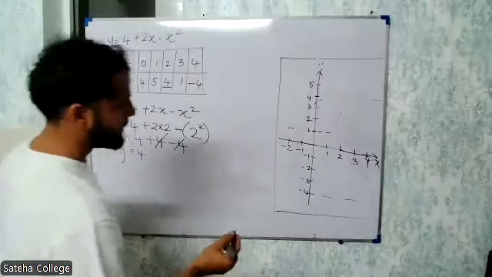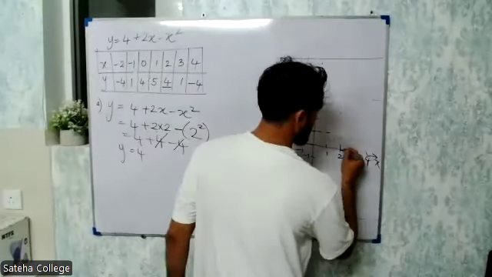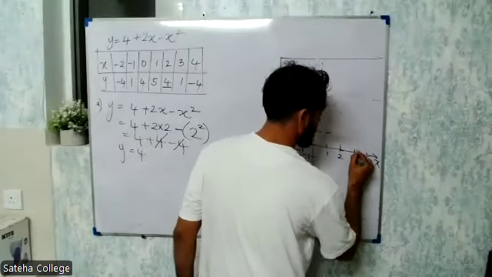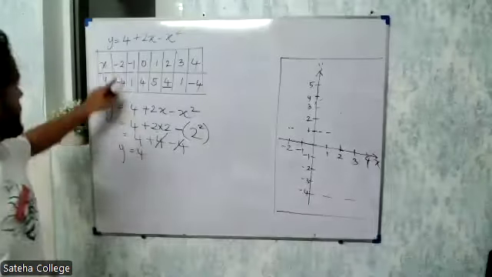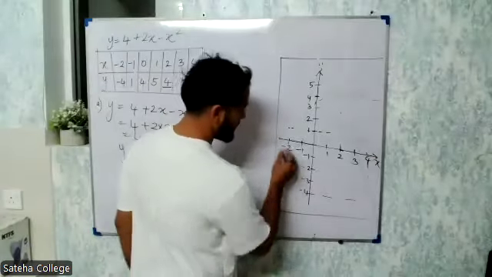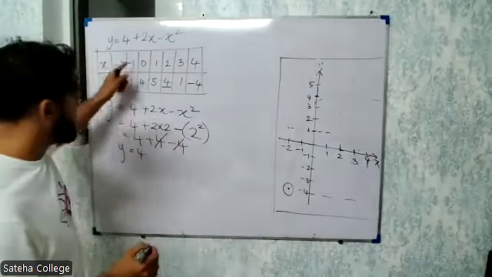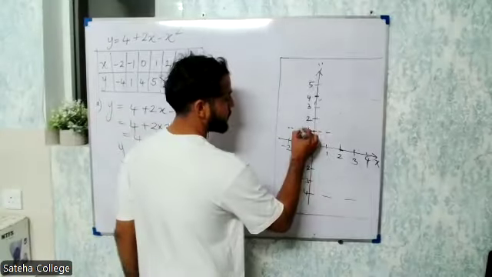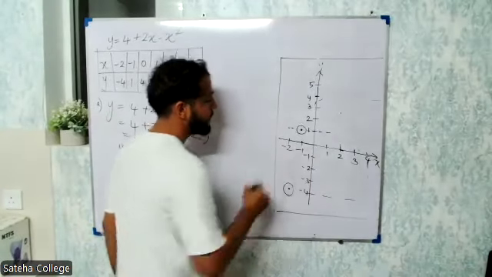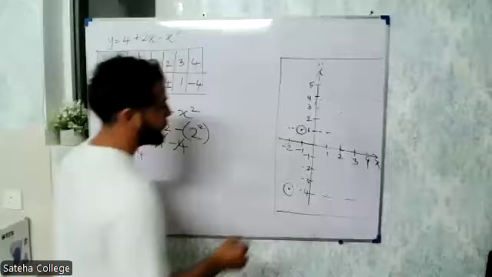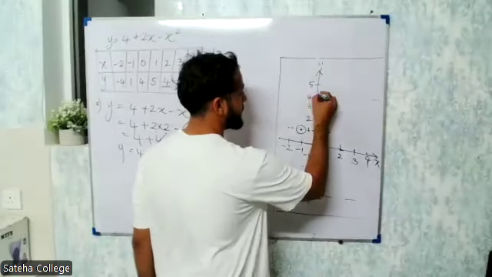Then we'll mark the points again. -2, 4. That's here. Then you have -1, 1. That is here. Then you have 0, 4. That is here.